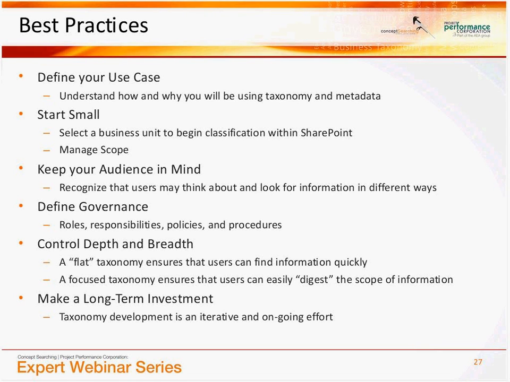Breadth has to do with how many terms are at any one given level, and what people can take in. Depth is how many levels: child, grandchild, great-grandchild. Usually when you get deeper than 3 levels, it starts to get very confusing for users. So our recommendation is always to keep it flat and shallow.